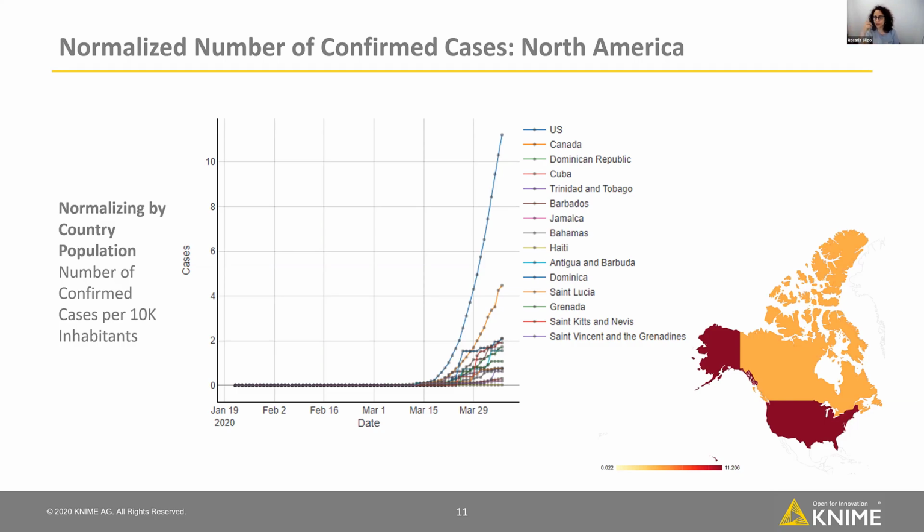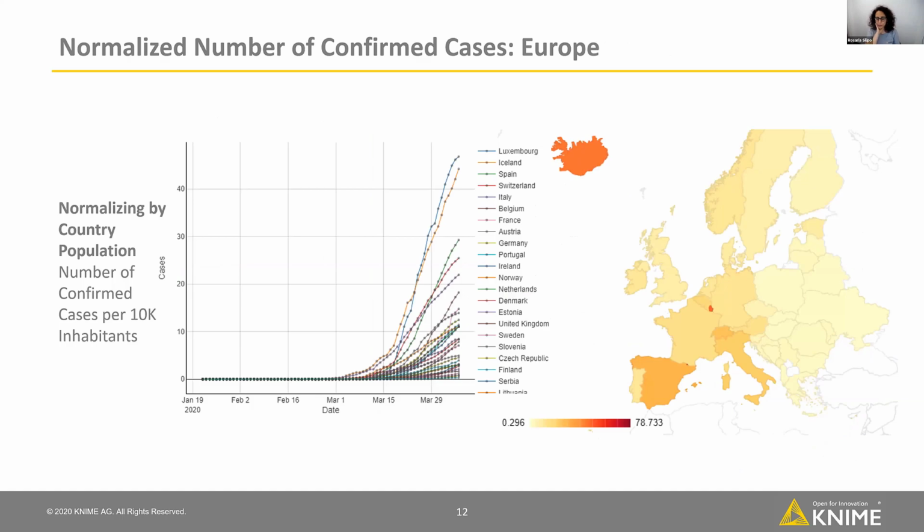And then on the right, you can see the choropleth of North America, where the differences between Canada and the US are not that big anymore if we consider the curve normalized by country population.